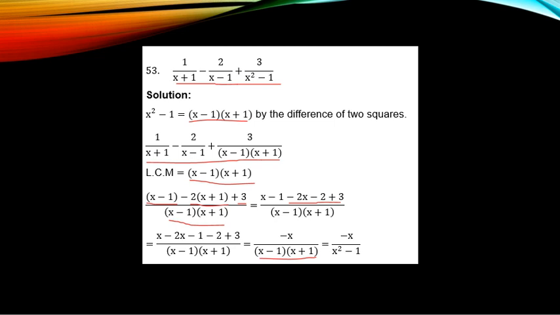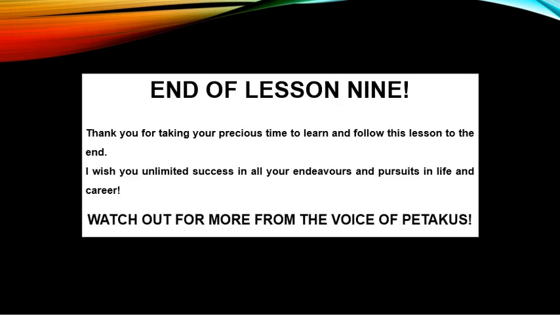Nothing can cancel, so we can return the denominator back to difference of two squares. So you have minus s all over s squared minus 1. See that? So it's a step-by-step solution. Okay. End of lesson 9.